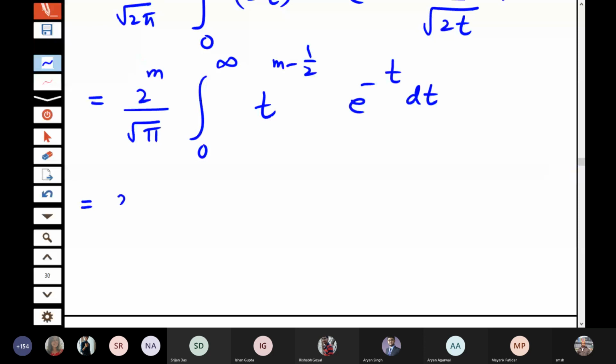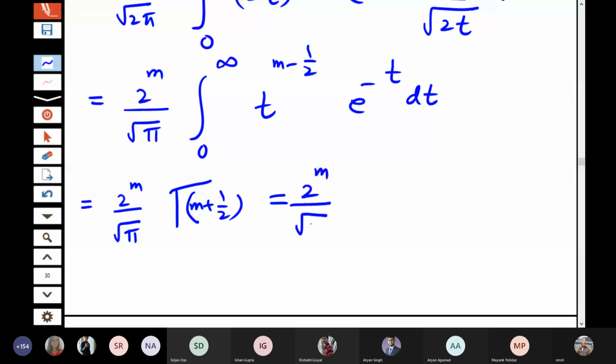So that is 2 to the power m by root pi, gamma of m plus 1 by 2. And this we know we can expand, that is m minus half into m minus 3 by 2 and so on, up to 5 by 2, 3 by 2, 1 by 2, root pi.